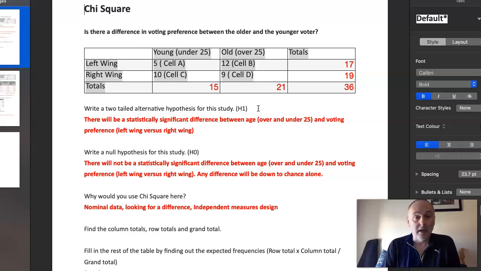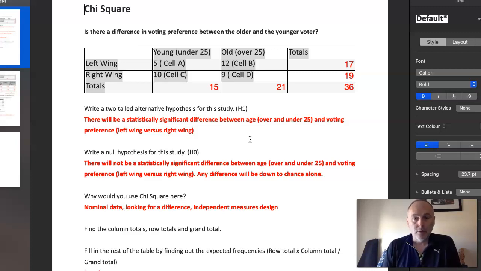It could be that older people are going to vote more right wing, or it could be that they vote more left wing. But whatever it is, it's going to be different to the younger voters. Obviously, if it's a one-tailed hypothesis, we'd have to be more specific than that. So this is how we write it: there will be a statistically significant difference between age over and under 25. You can see how we've operationalized the variable there, and voting preference, left wing versus right wing.